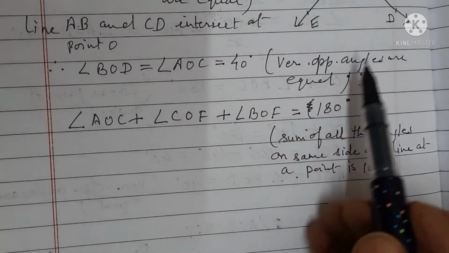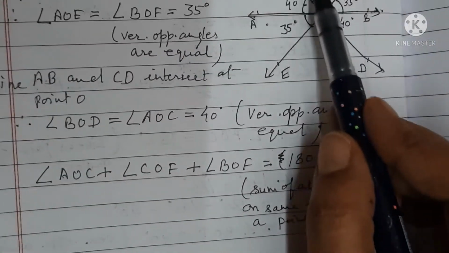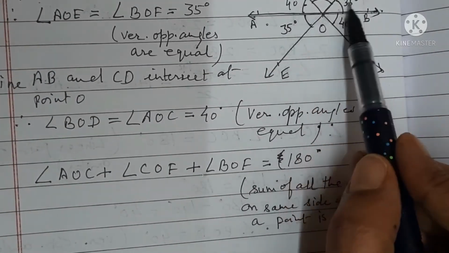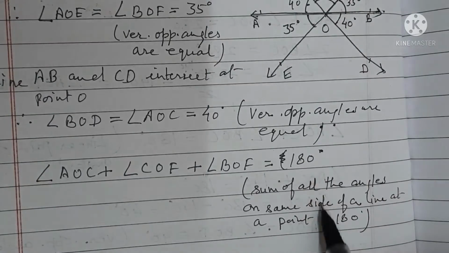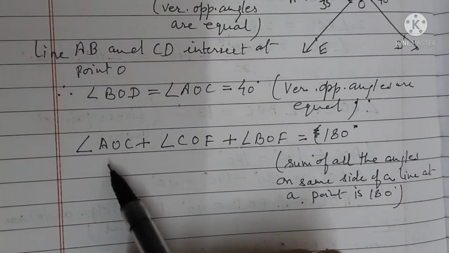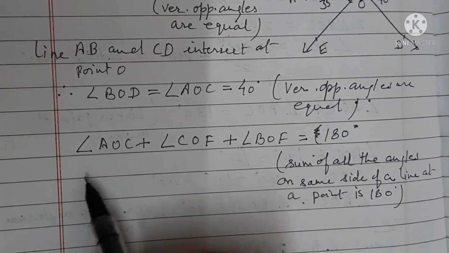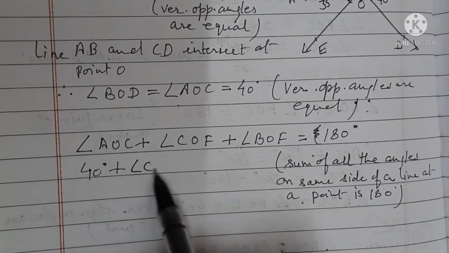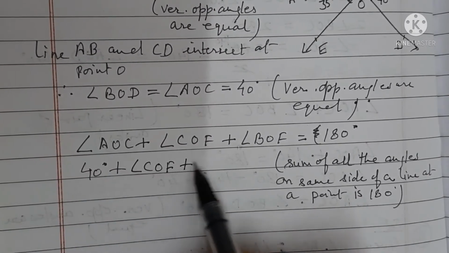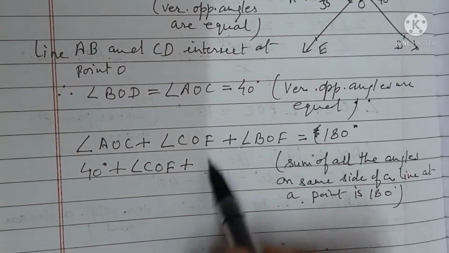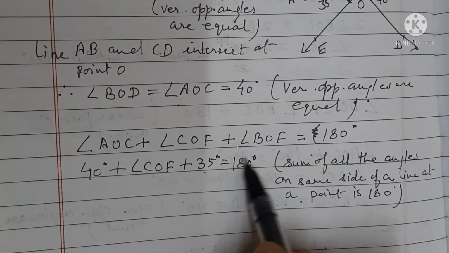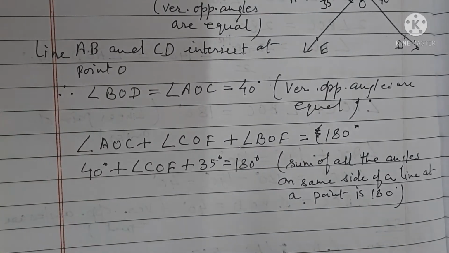Sum of all the angles on the same side of a line and angles formed by the rays, the sum will be 180 degree. Now substitute the value. AOC is 40 degree plus angle COF plus angle BOF, this is 35 degree, is equal to 180 degree, and solve it and get the value.